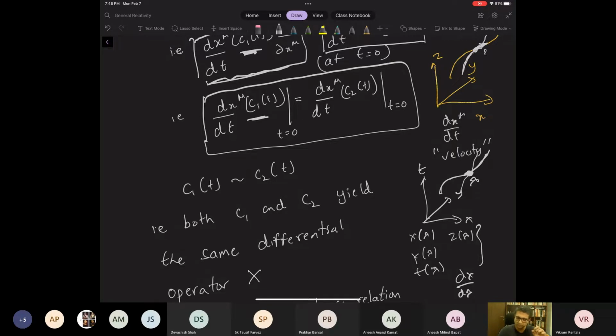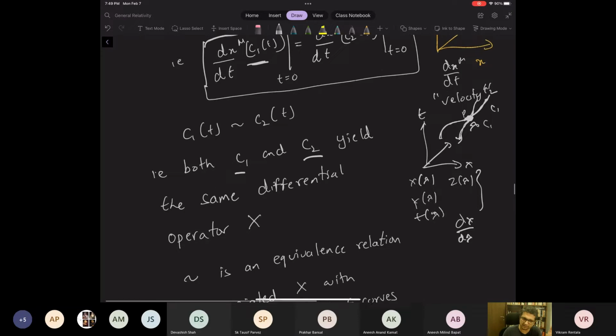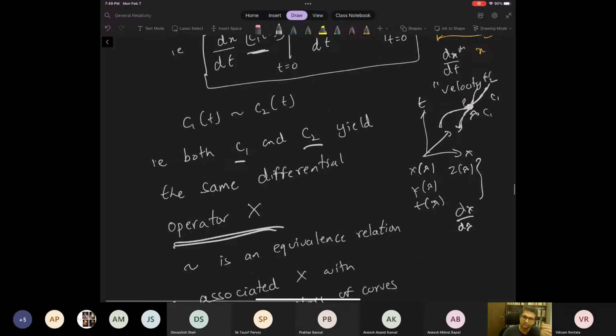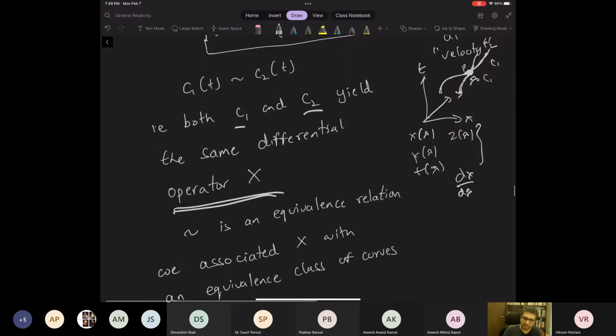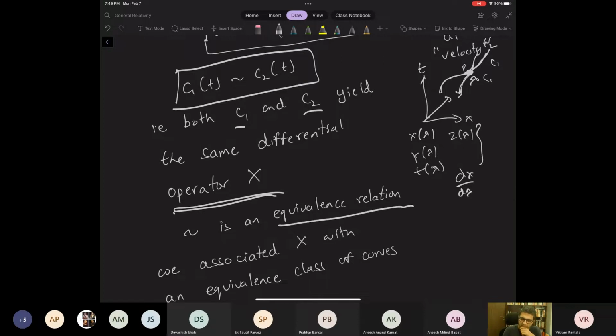If it is true that both these curves have the same velocity at this point, again velocity in quotes, then we say that the two curves C1 and C2 are related at the point P. There's a relationship between them, and the relationship is such that C1 and C2 will both yield exactly the same differential operator X. So this is not surprising.